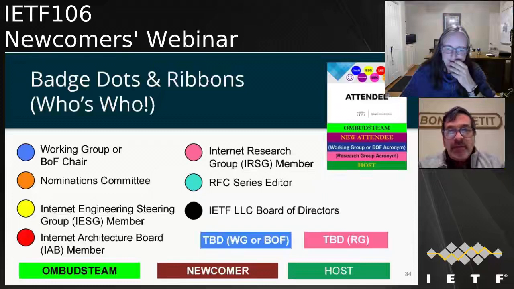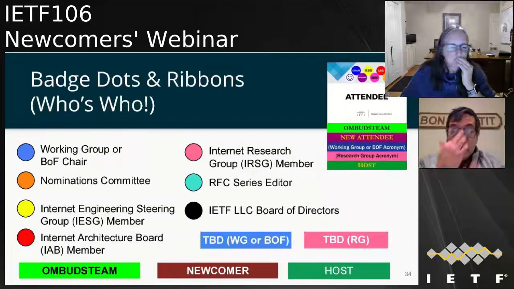Badges and dots and ribbons, oh my. If you look in the upper right corner, this is what a badge will look like. There's your name underneath in smaller print, your affiliation if you gave one. On top of your name are colored dots that represent various parties and interests of which you are a member.